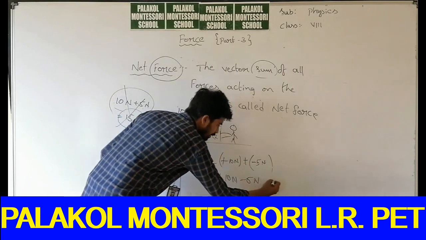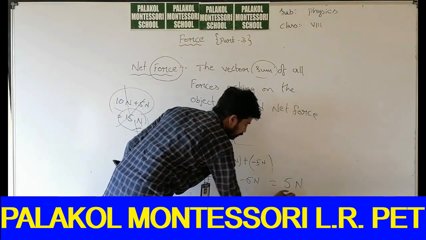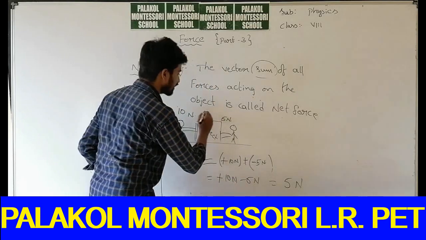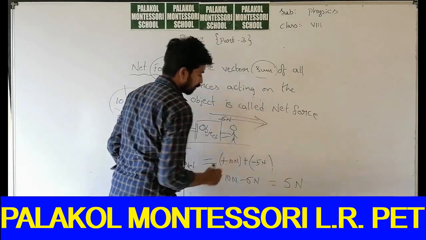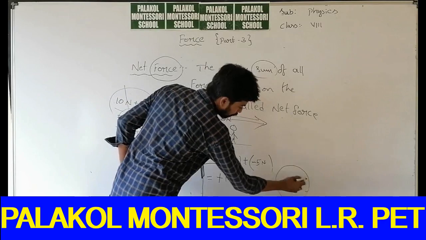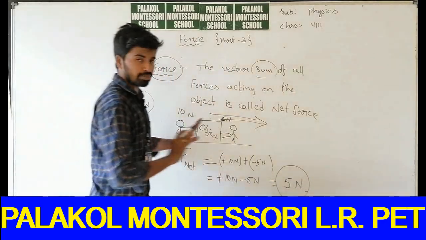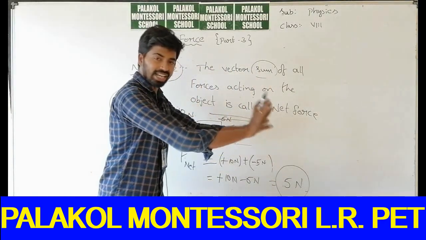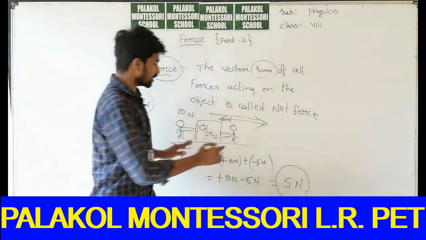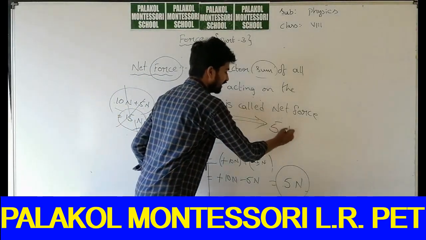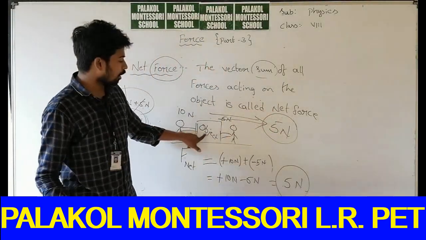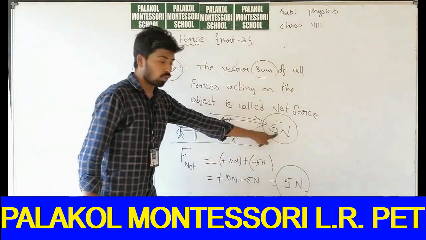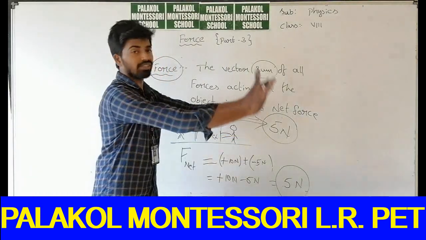So 10 minus 5 is equal to 5 newtons, plus 5. That is the net force, and it will be in this direction, because we have obtained a positive number and this direction is considered positive. So this object will experience a total force of 5 newtons in this direction.